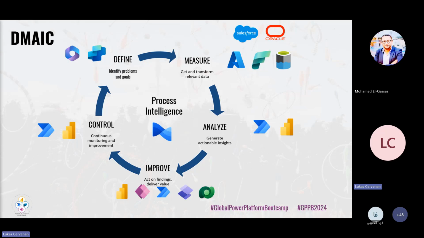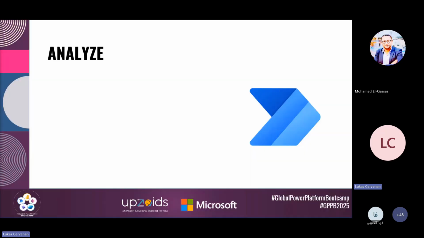So moving on, after talking about the methodology, let's talk a little bit more about the main topic of this presentation today, which is focusing on the analyze phase, sharing with you some practical tips and tricks for how to perform the analysis in the Power Automate process mining tool itself.